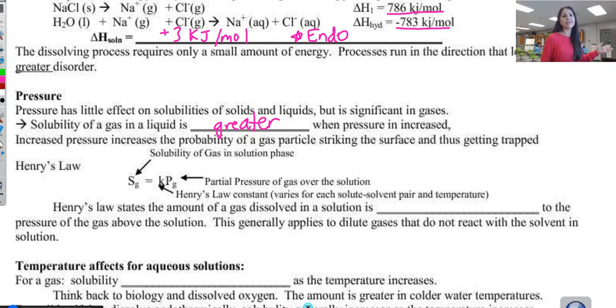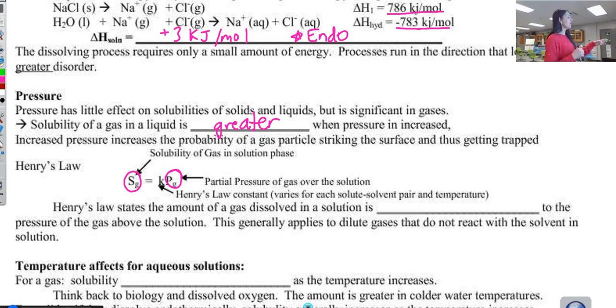There's something called Henry's Law, and they have gotten rid of it on the AP, but conceptually, we want to make sure we have this down. What Henry's Law basically states is pretty simple, but there's a constant. So this is the solubility of the gas in the solution phase, and this is the partial pressure of the gas over the solution, okay?